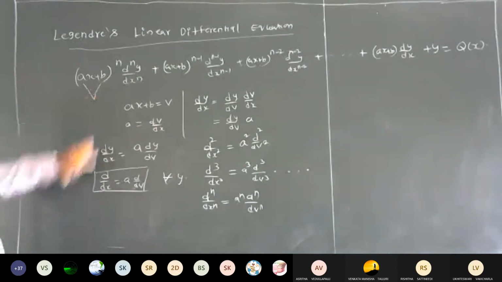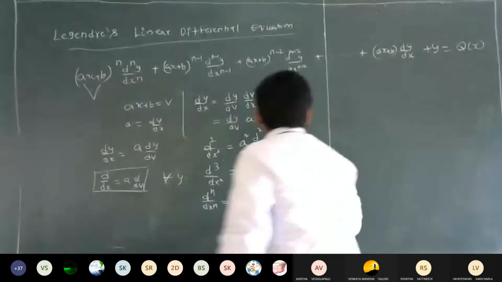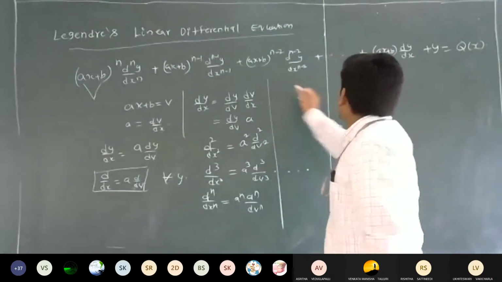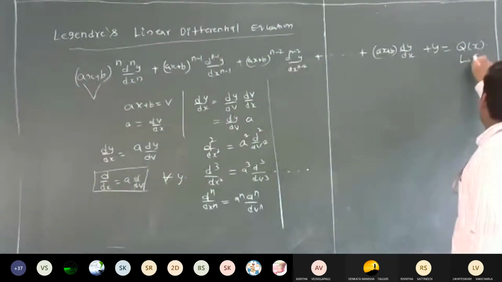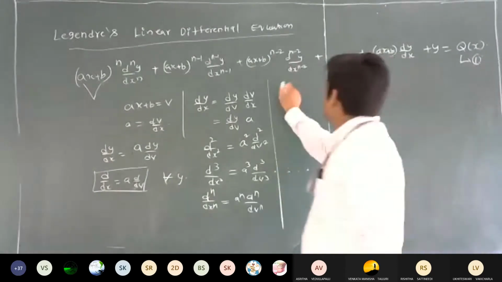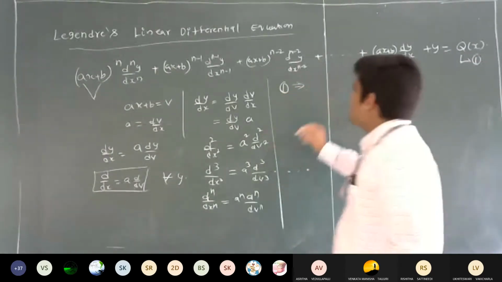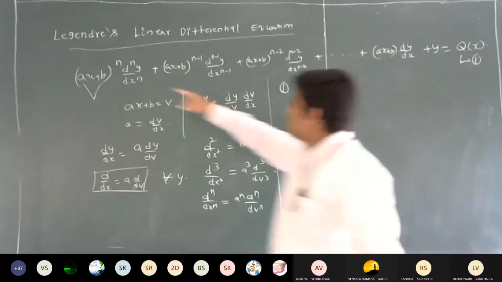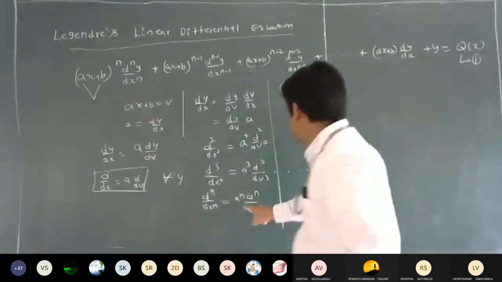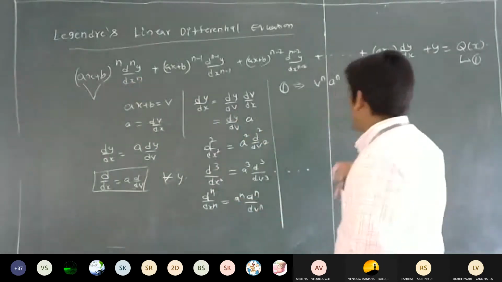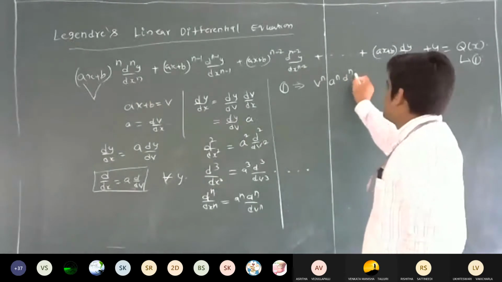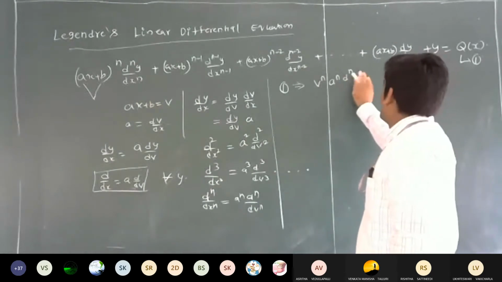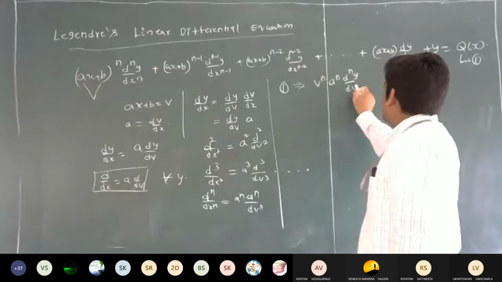You just substitute these values in the given Legendre differential equation. Call it equation number 1. So it becomes b power n into a power n into d power n y by dv power n.